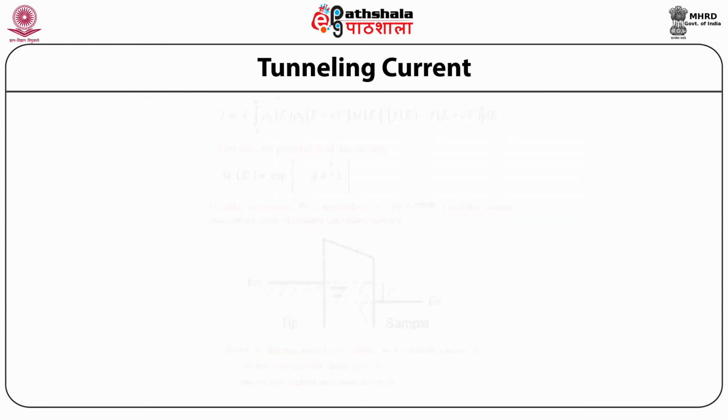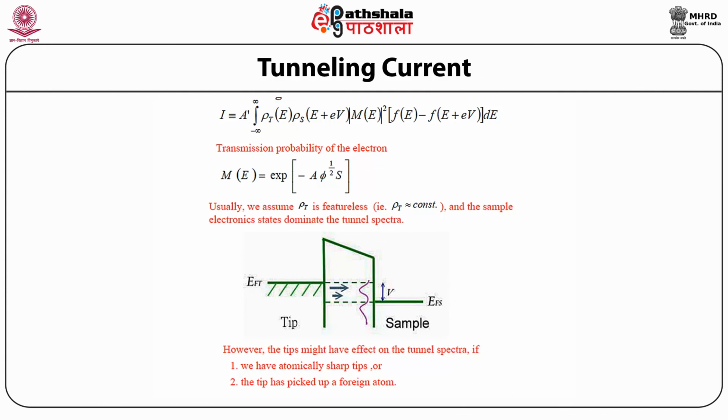Now the tunneling current I is equal to A prime multiplied by the integral from minus infinity to infinity of rho t E multiplied by rho s E plus EV, multiplied by the modulus of M E the whole square, multiplied by FE minus FE plus EV dE.